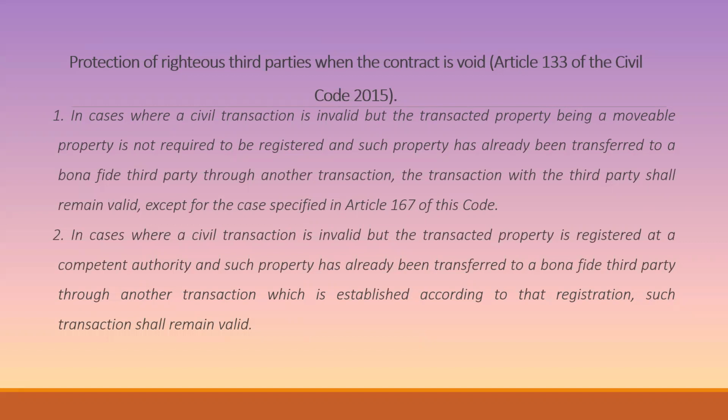In cases where a civil transaction is invalid, but the transacted property is registered at a competent authority, and such property had already been transferred to a bona fide third party through another transaction established according to that registration, such transaction shall remain valid.